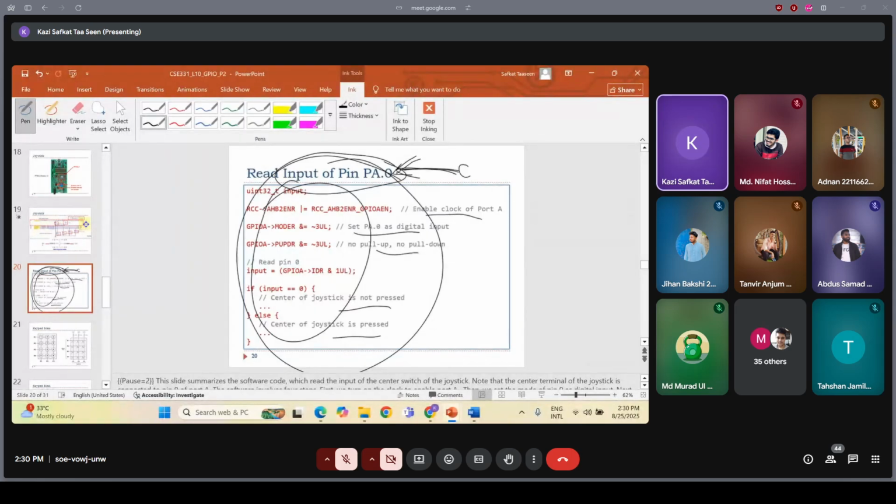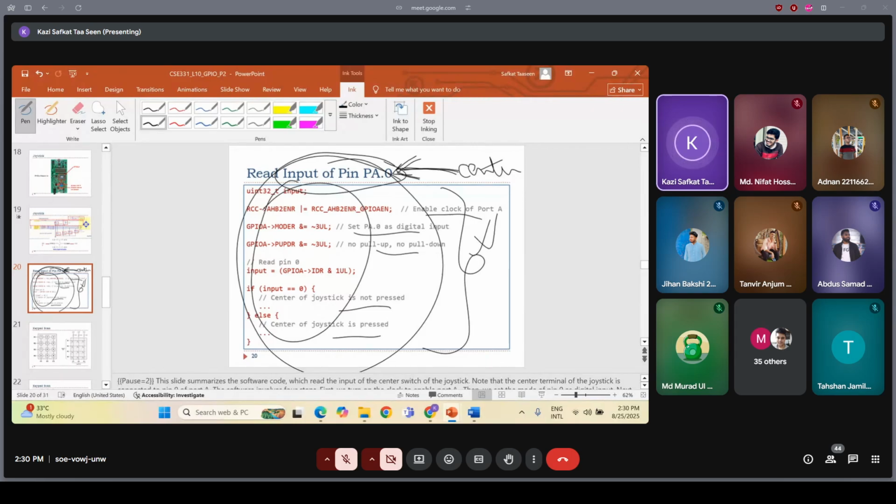So if you wanted to read the input, whether the center button was pressed or not, you need a piece of code. Similarly, for all the buttons, if you want to detect whether they were pressed or not, you need a piece of code. So this is the code to determine whether the center button was pressed or not.